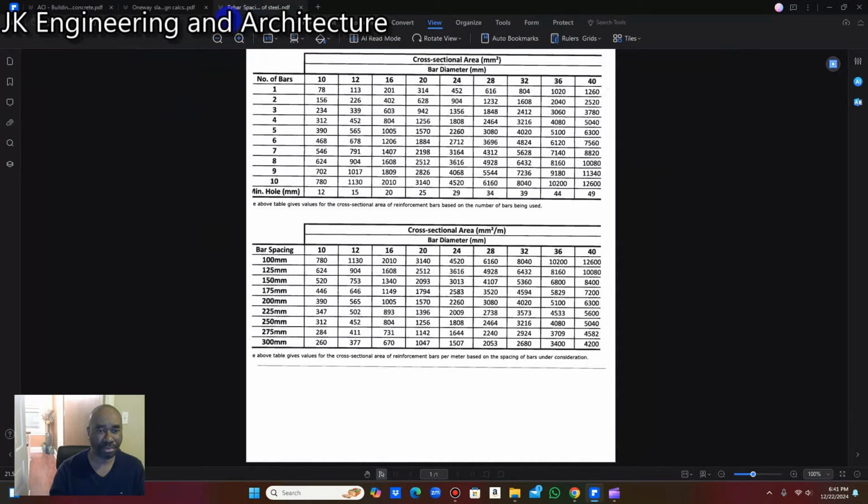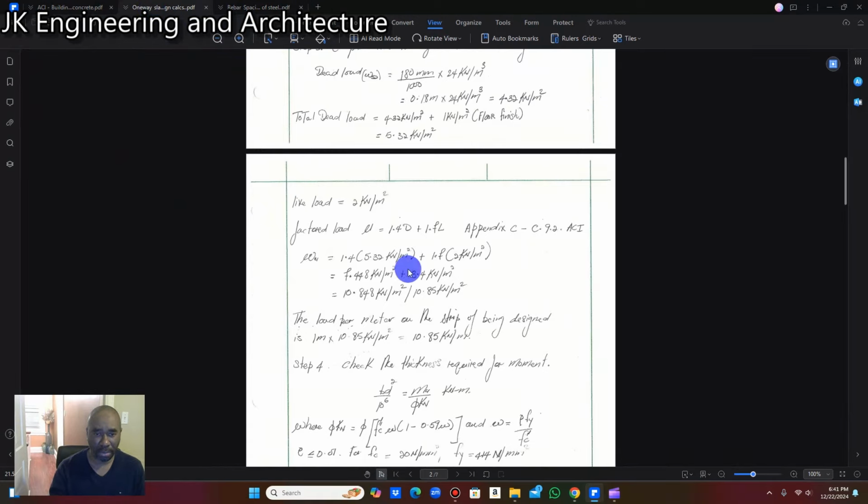All right, so after we factor our load now, it's going to be 1.4 times 5.32 kilonewtons per meter square plus 1.7 times 2 kilonewtons per meter square. That works out to be 10.848 kilonewtons per meter square, and we'll round that up to 10.85 kilonewtons per meter square.